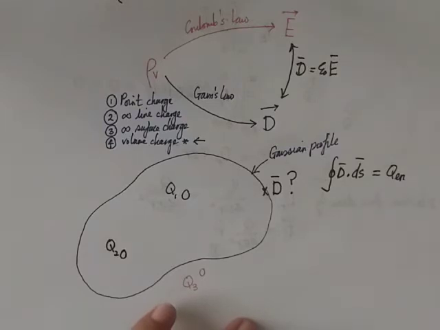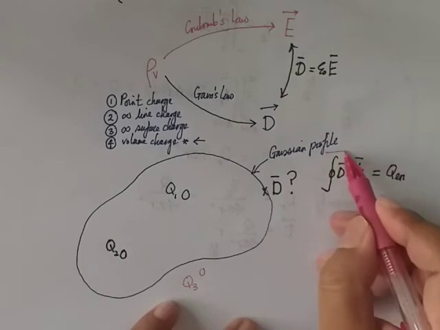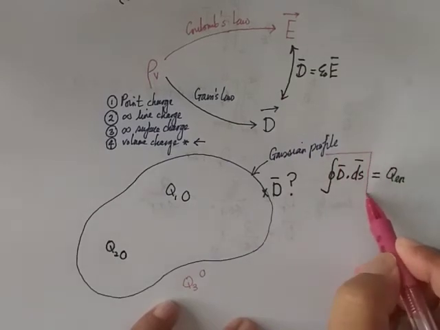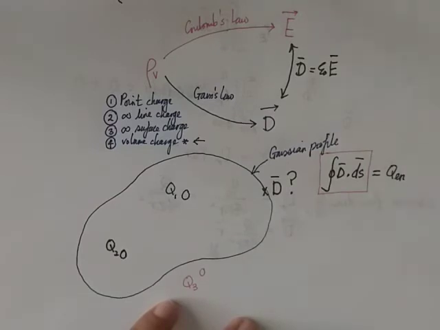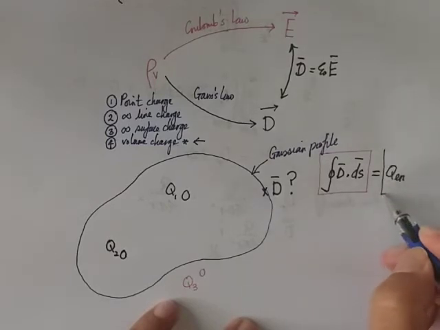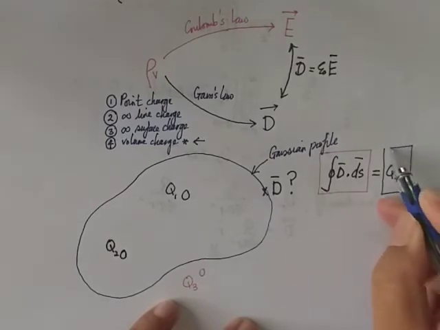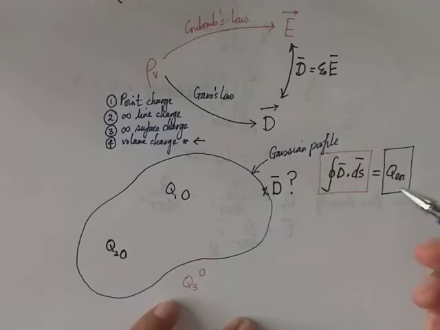From this equation, you can see two sides of the equation: the left-hand side, which is red in color, and the right-hand side. Sorry about my orientation.